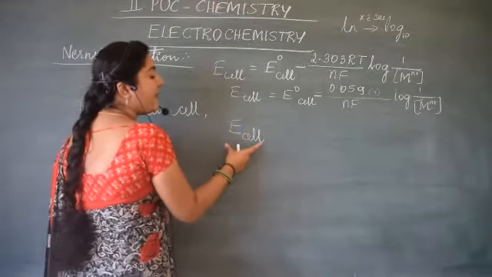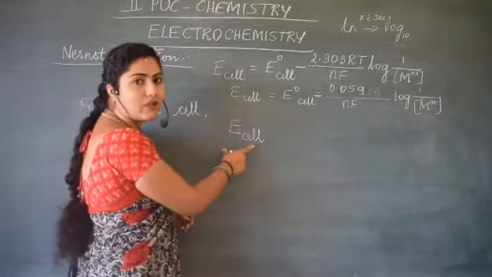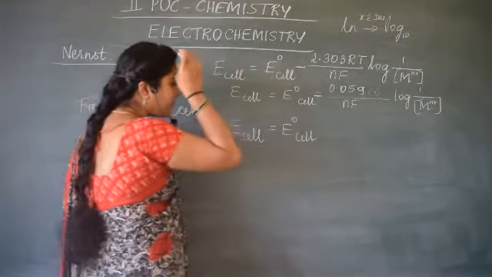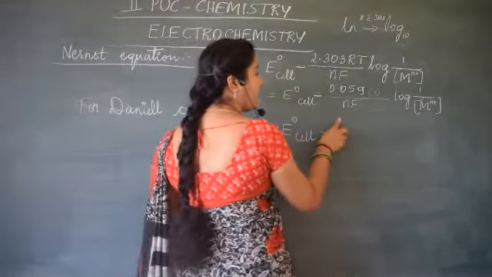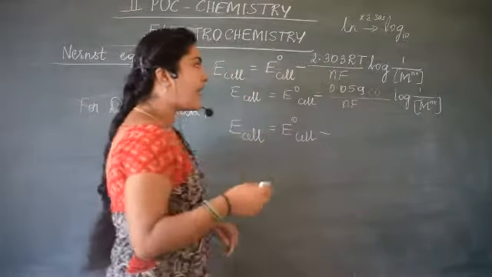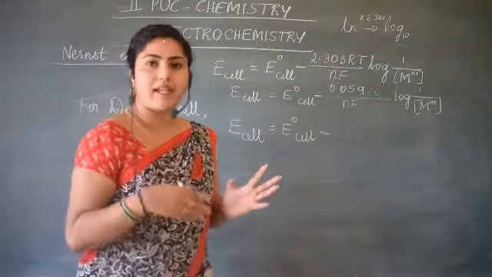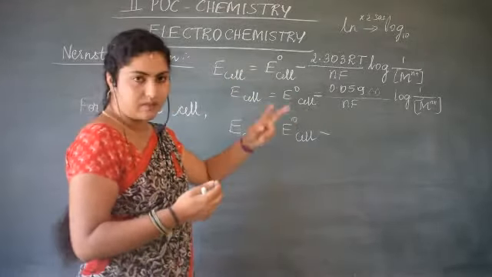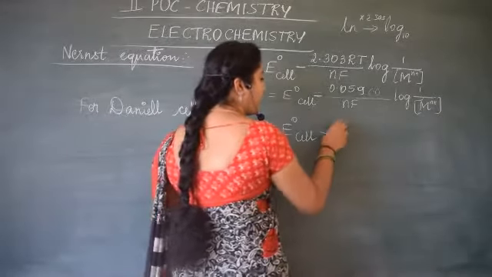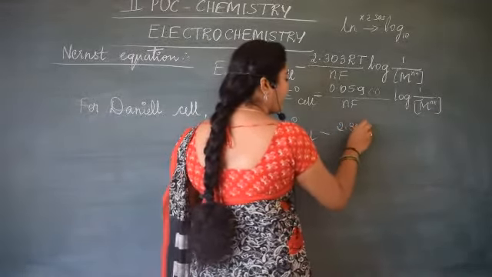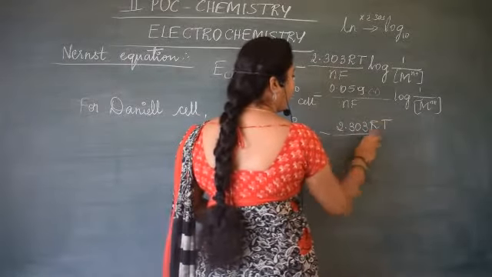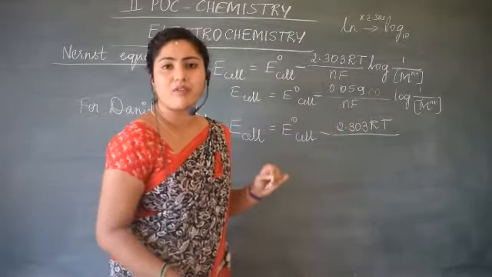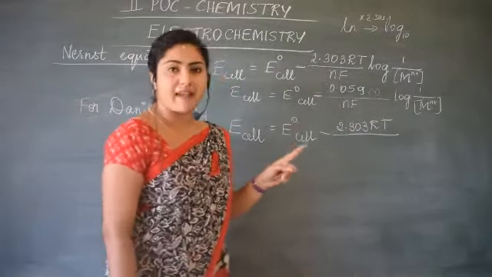E of cell means the cell which is constructed using zinc and copper electrode is equal to standard electrode potential of the cell minus, here either I can write it as 2.303 RT by NF log 1 by the concentration of the metal ions. Otherwise we can write it in terms of this. We'll write in both ways, minus 2.303 RT whole divided by, in the place of N, what should you substitute? N means number of electrons, F means Faraday's constant.